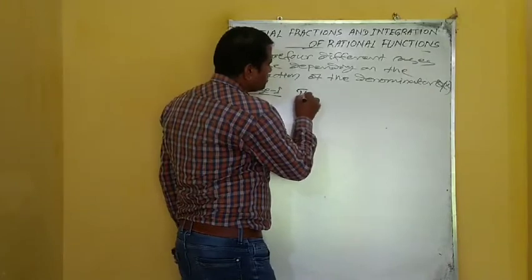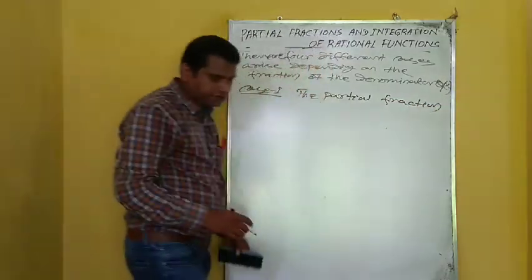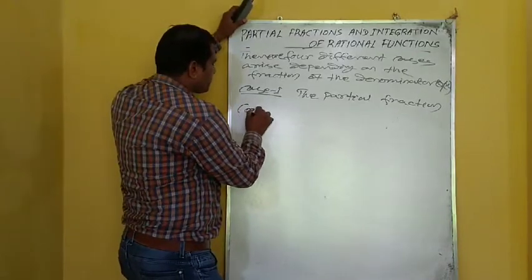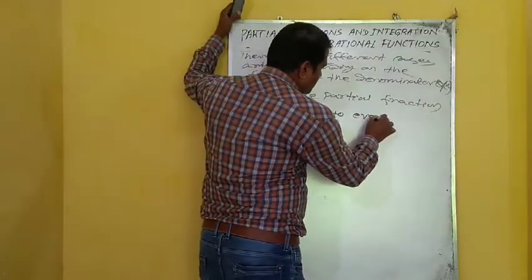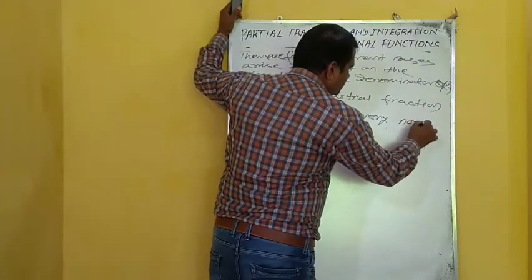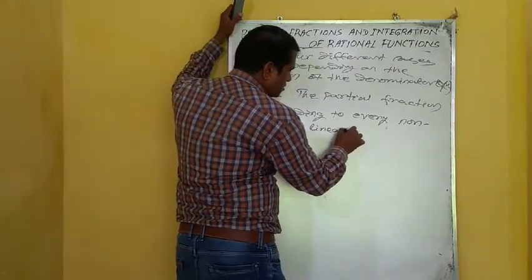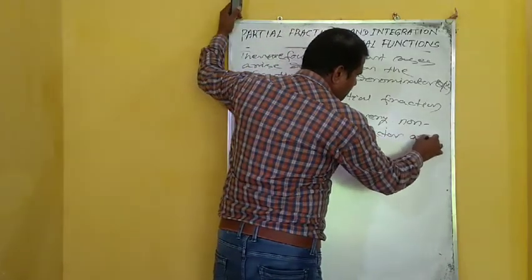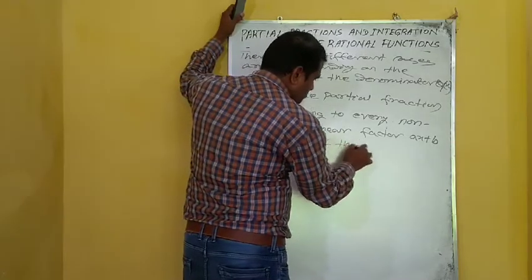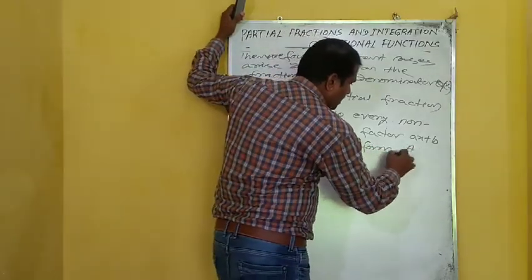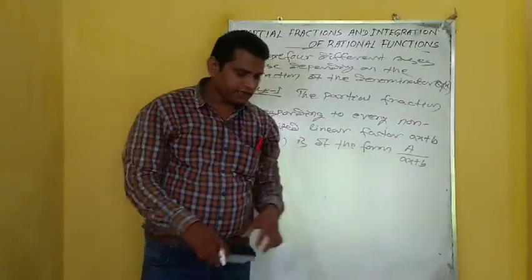The partial fraction corresponding to every non-repeated linear factor ax plus b of q of x is of the form capital A by ax plus b, where ax plus b is a linear factor and capital A is a constant.